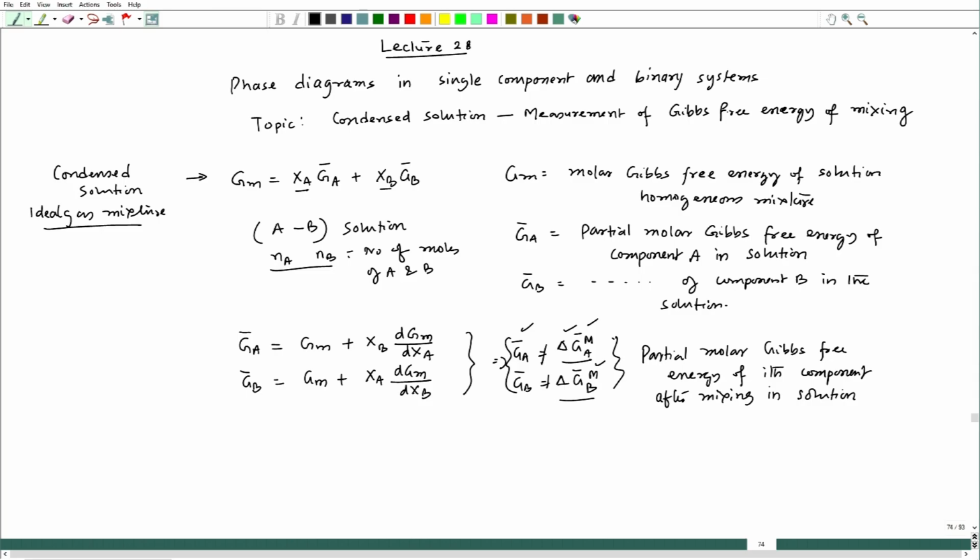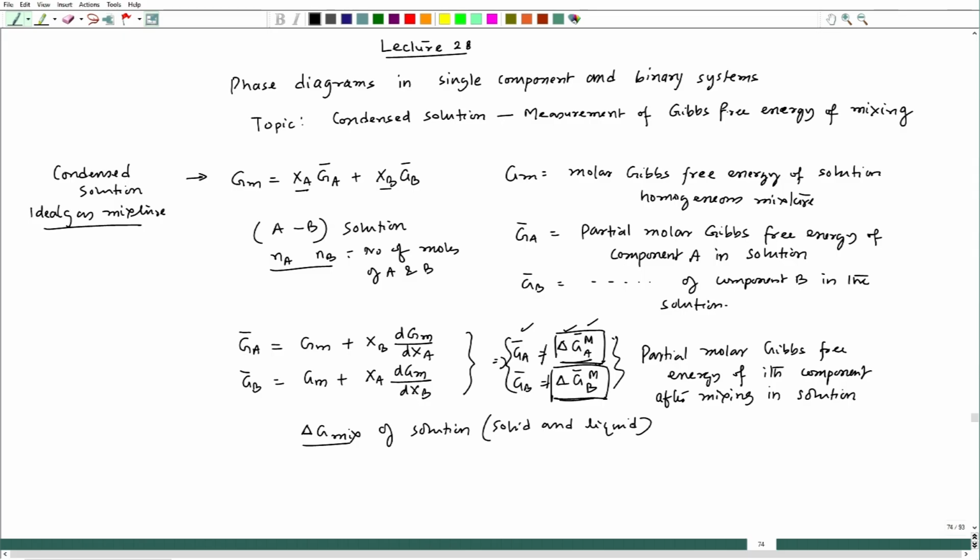Now we have to measure these two quantities. If we measure those two, then we will definitely be able to measure delta G mix of solution, whether it is solid or liquid.